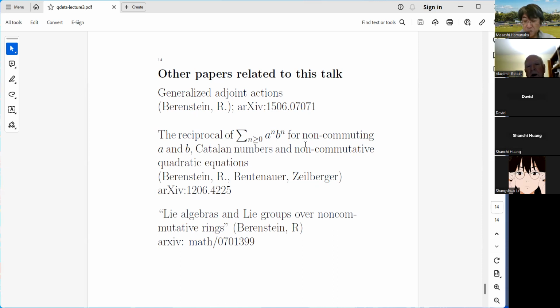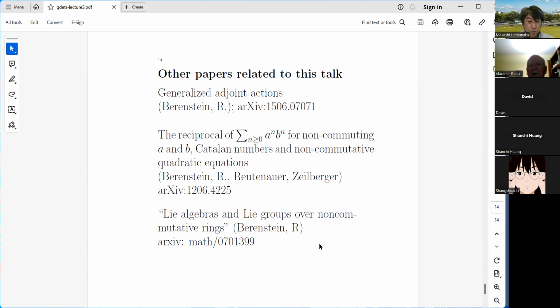And surprisingly, another type of non-commutative Catalan numbers appears. Basically, everything is related with the solution of non-commutative quadratic equations. So this is rather a short note, but it has like 4 authors.